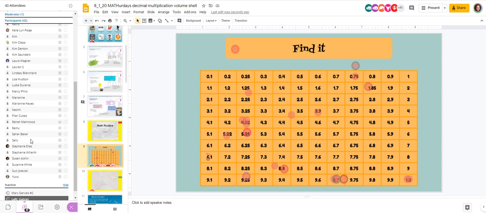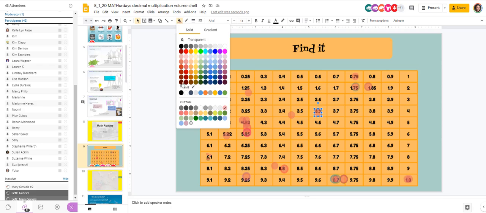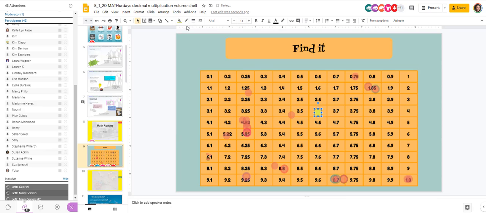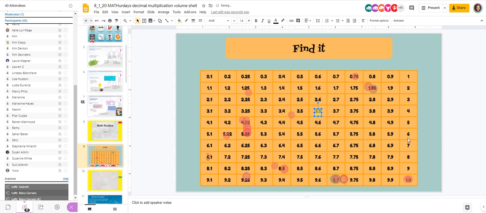Rochelle, we'll start with you. Hi. So I was in the column where I found 3 and 9 tenths. I was looking in the tenths column where the top number is 0 and 6 tenths.